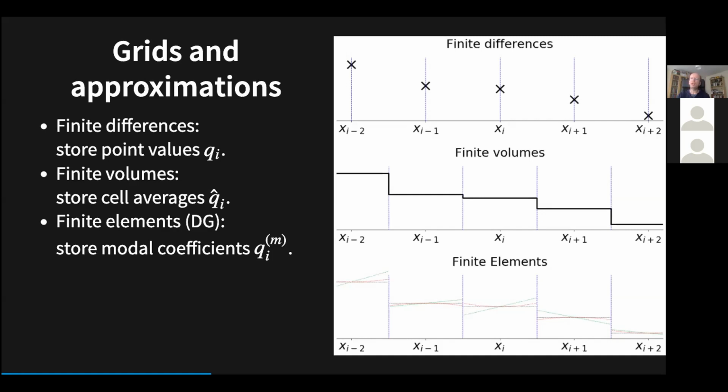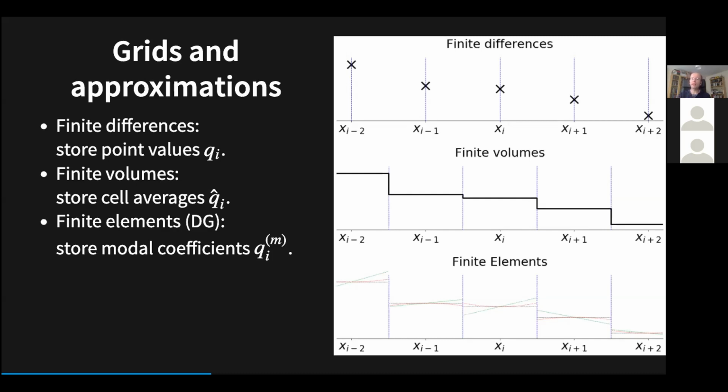And there's three different methods that are used in the field. So the first method is the point value approximation used in finite differencing. So we're going to put down a grid of points. And in this case, in the figure here, I'm illustrating it in one dimension. I've labeled each of the grid points with an integer I, and I'm assuming there's a finite number of them.